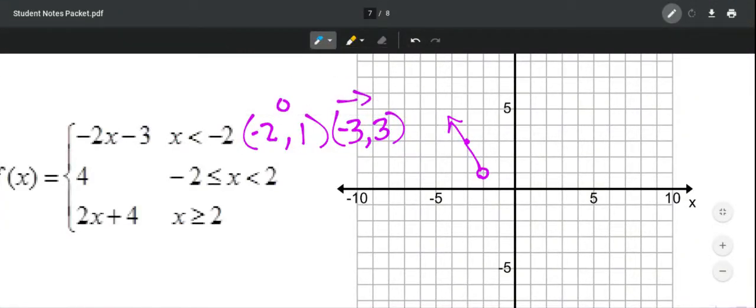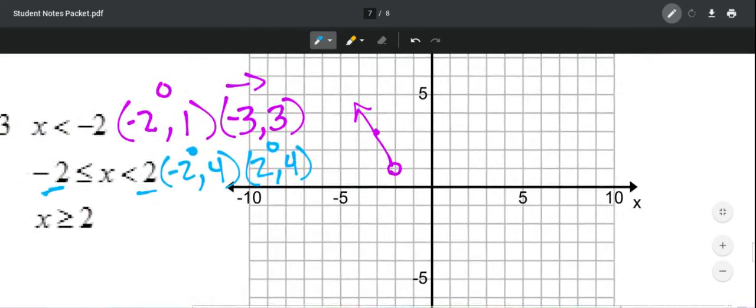Okay, so now here, -2, I plug in, I get out 4. At -2, it's a closed circle. And then I have 2, because these are my 2 boundaries. So I have -2 and I have 2. I get out 4, and that is an open circle. So -2, 4 is closed. 2, 4 is open. And there you go.